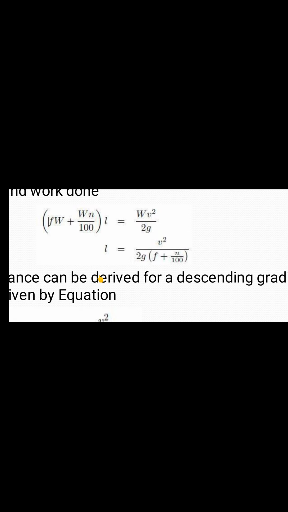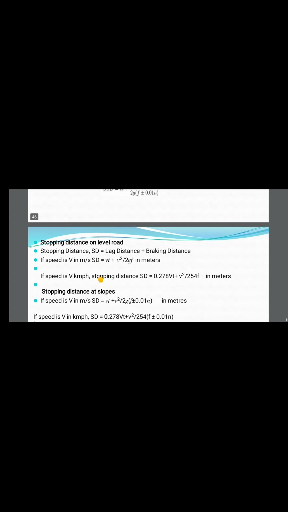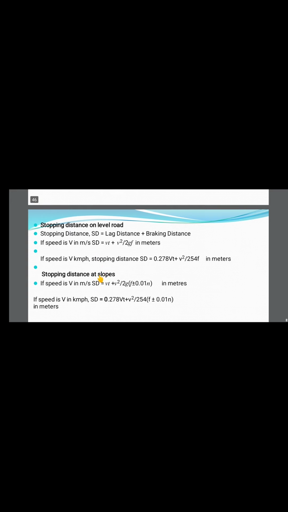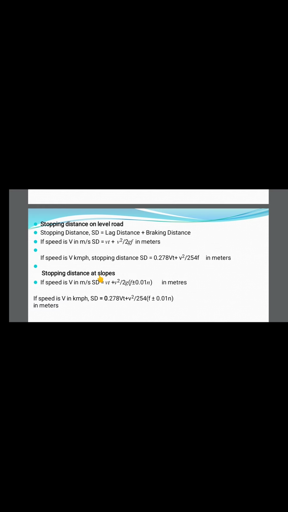Here N is the gradient, F is friction resistance, V is the velocity in terms of meter per second, T is the time in terms of second. Okay, now stopping distance on level ground. This is the formula when V is in terms of meter per second.